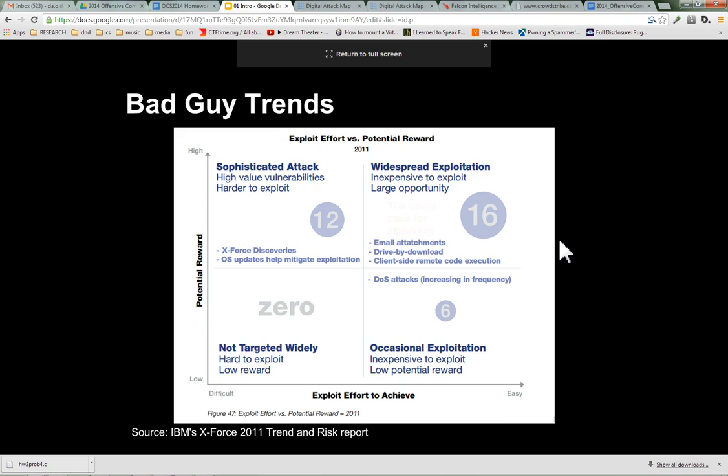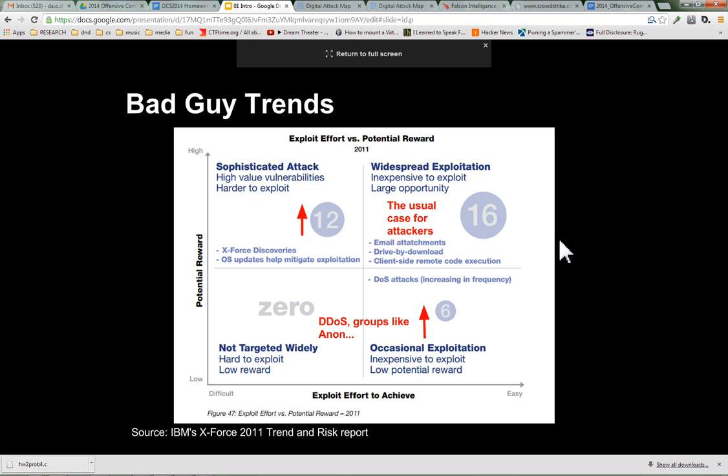And this tracks some bad guy trends, that things that are inexpensive to exploit and have large opportunities for what they can do afterwards are really the most widespread used. But sophisticated attacks, things that are really hard to exploit but also have really high value, are also on the rise.